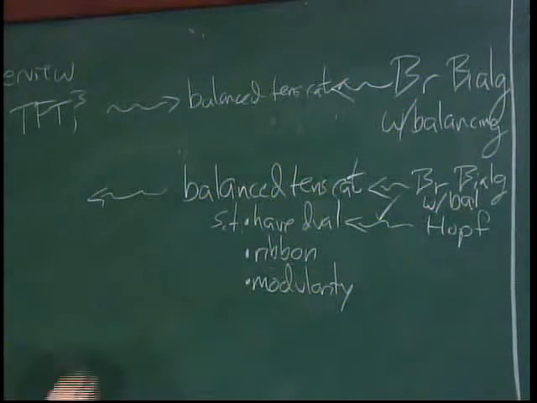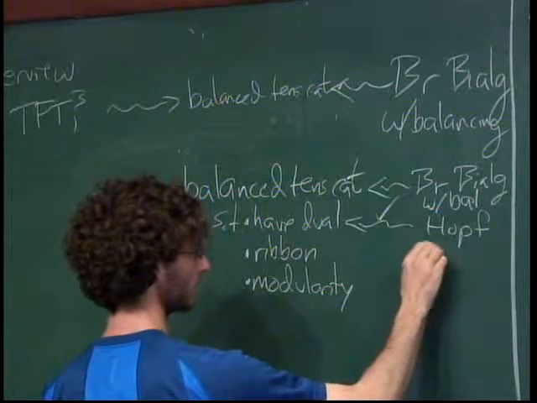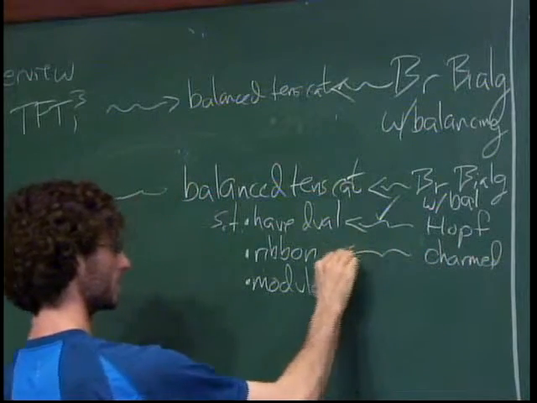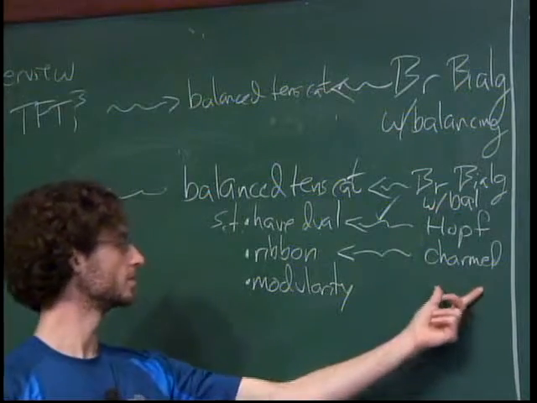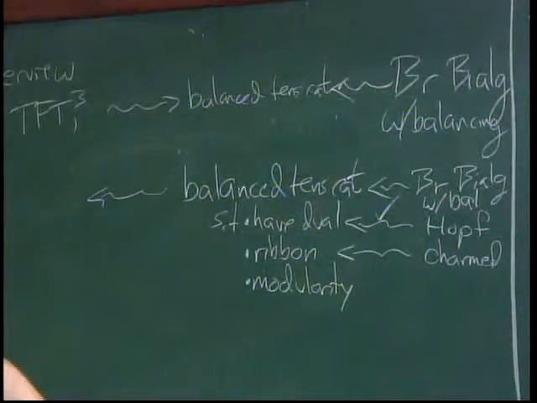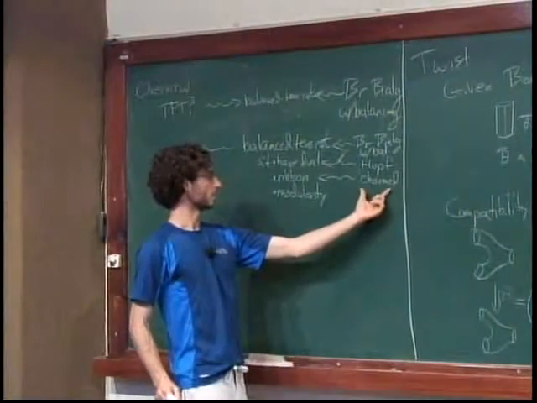And then I promised you that Andre would show that if it comes with a charmed element, then it's going to lead to ribbon. And so you might imagine that we just do another something here to get modularity, but that's actually not the case. That's not the way it works.